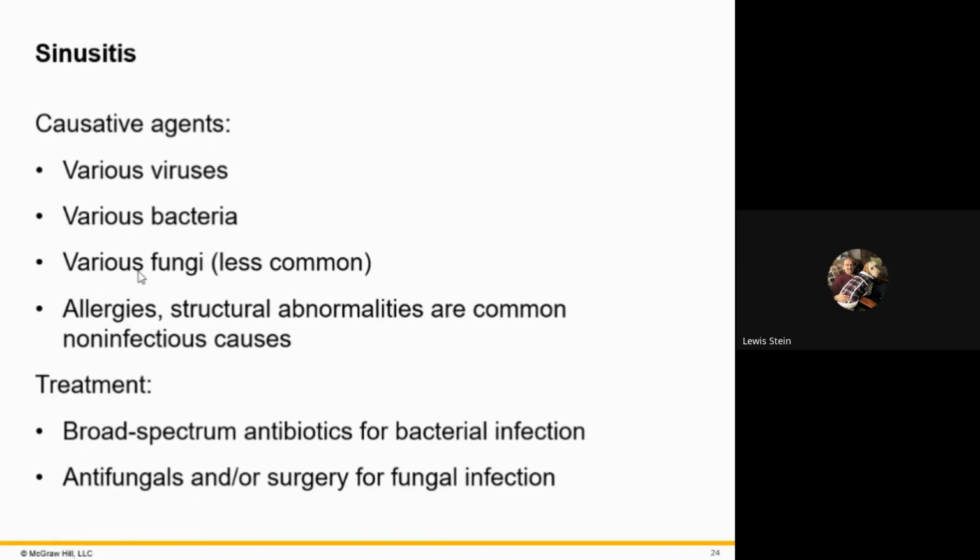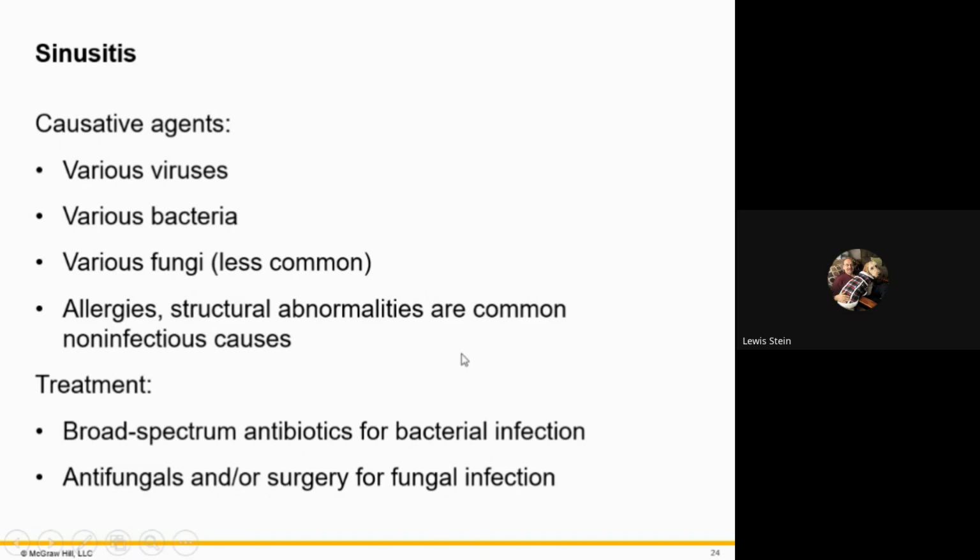The whole idea of amoxicillin became the treatment of choice based on the research here at Eye and Ear Hospital in Pittsburgh, and has been around forever. Augmentin, if it's a beta lactamase producer, is not difficult to treat comparatively speaking.